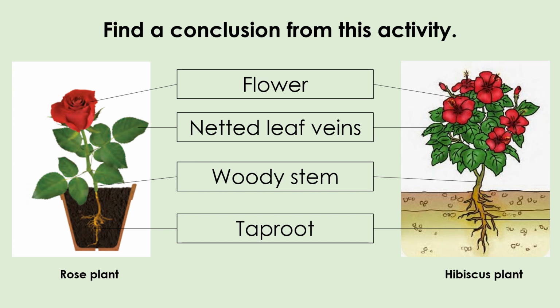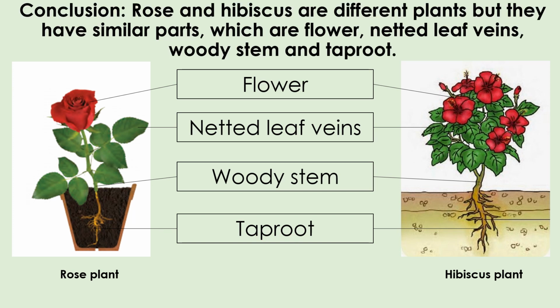But they have similar parts, which are flower, netted leaf veins, woody stem, and taproot. So we write conclusion like this. Rose and hibiscus are different plants, but they have similar parts, which are flower, netted leaf veins, woody stem, and taproot.